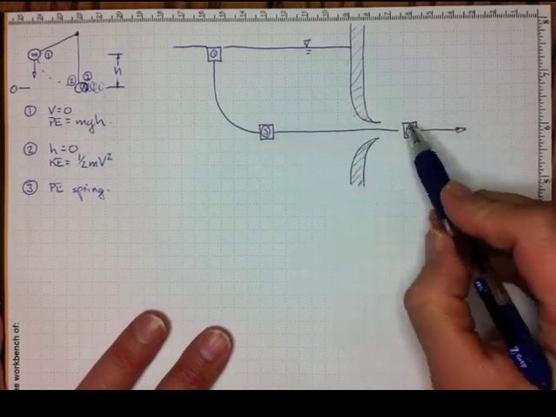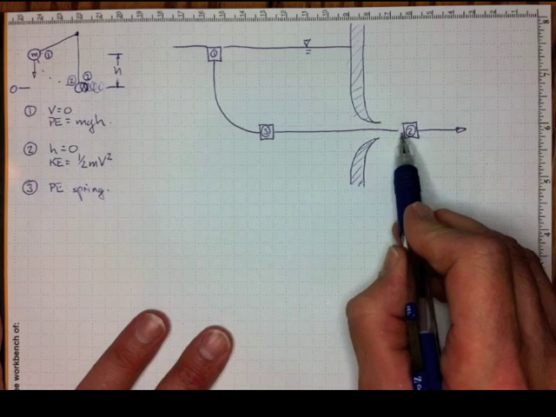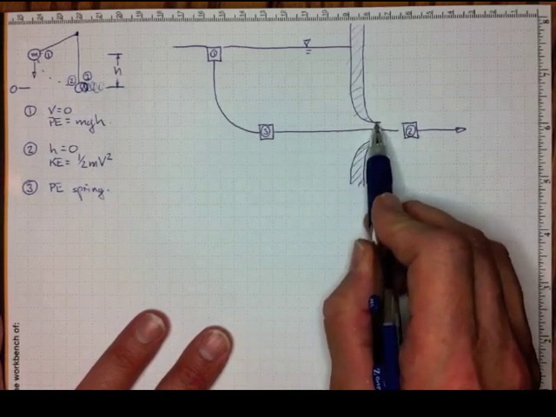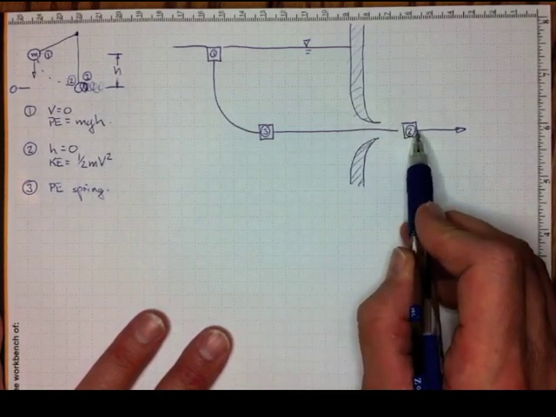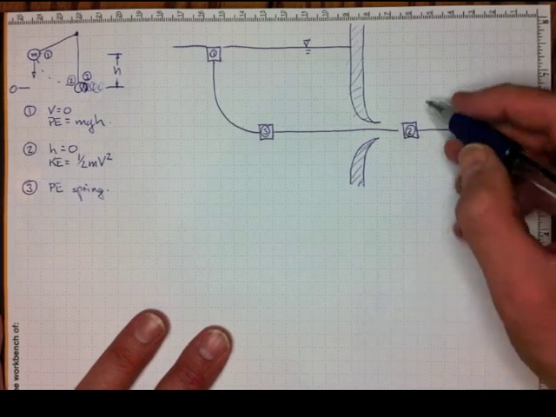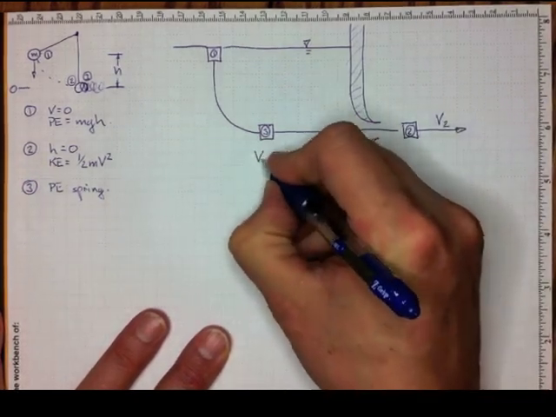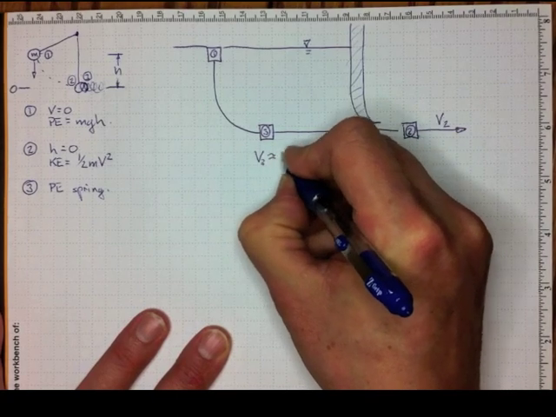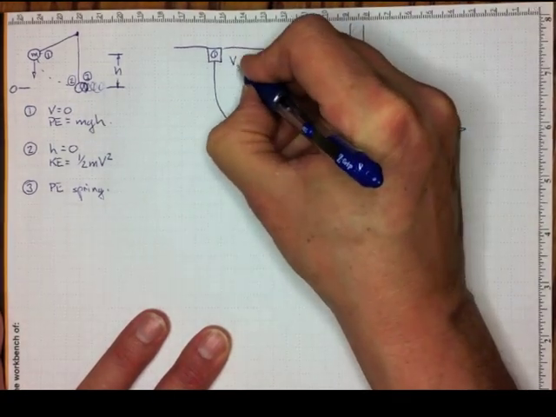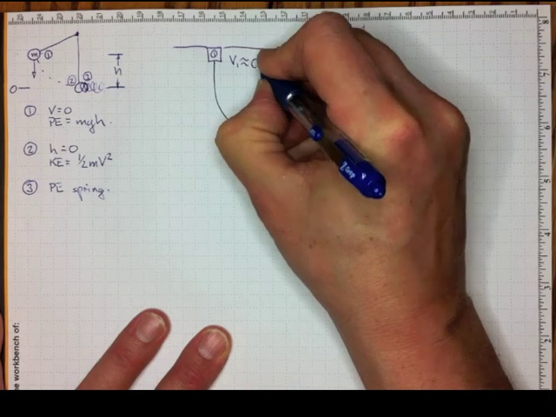Down here it's at a higher pressure, and then it accelerates as it goes on out here through this nozzle and comes out at location 2 at this higher velocity, v2. So v3 approximately equal to 0, v1 approximately equal to 0.